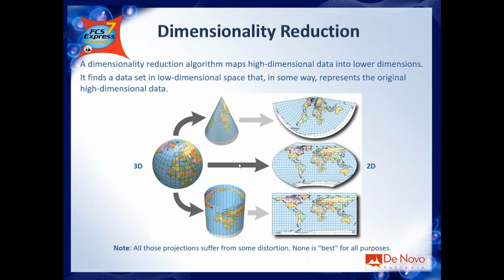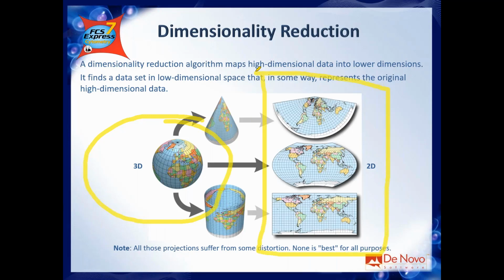You have a data set that exists in more than 2 dimensions, and you want to go to a data set that exists in just 2 dimensions. Why? Because you can plot it in a map. It's much more handy to have all your plots in a map than dealing with a lot of dimensions, because usually you don't even have 3, you have 5, 6, 7, 10, 20, 100.